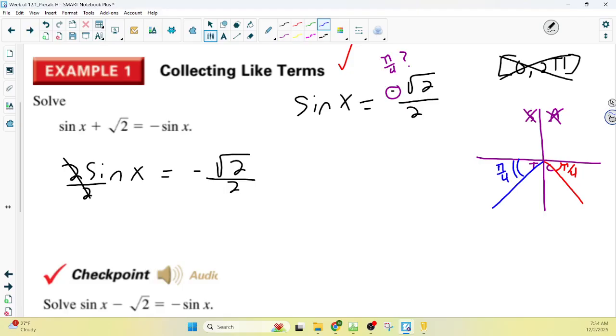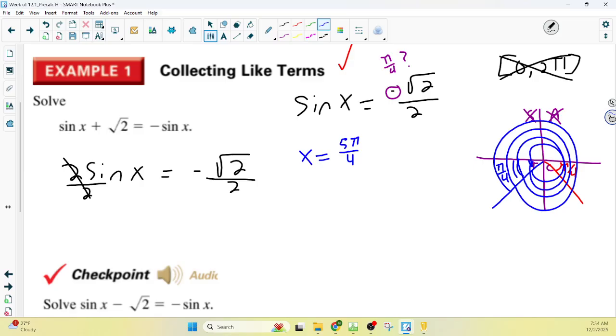So what is that blue line representing? That's x. We'll start with the blue. X is going to equal 5 pi over 4. But if I take that and spin around once or twice or 3 times or 4 times or 5 times or 6 times, you get the idea?